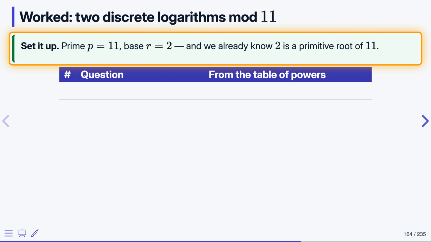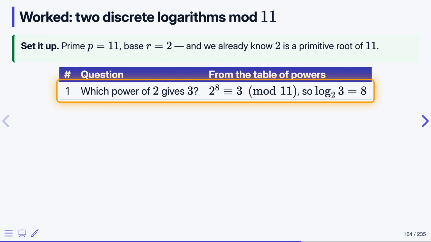Set it up. Our prime is 11 and our base is 2. We already checked that 2 is a primitive root of 11, so every non-zero value has exactly one logarithm. Question 1. Which power of 2 gives 3? Look back at the table of powers. 2 to the 8th is 3 mod 11, so the discrete logarithm of 3 to the base 2 is 8.